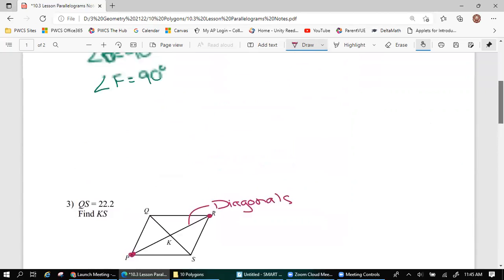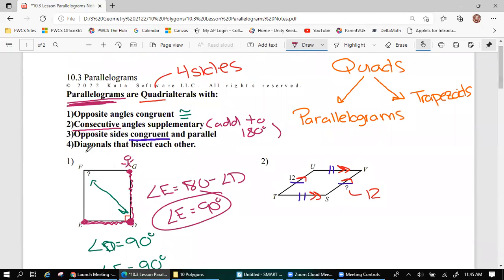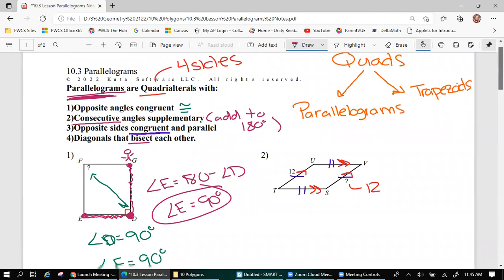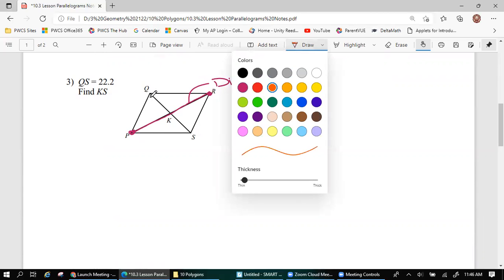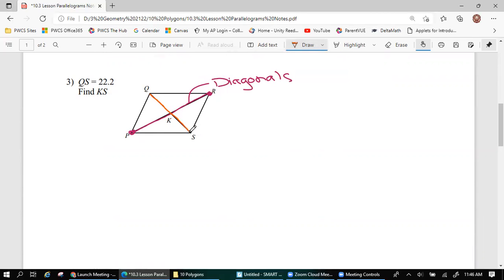The rule is that diagonals bisect each other. That means they cut each other in half. So this diagonal from P to R cuts this diagonal QS in half, and QS cuts PR in half.